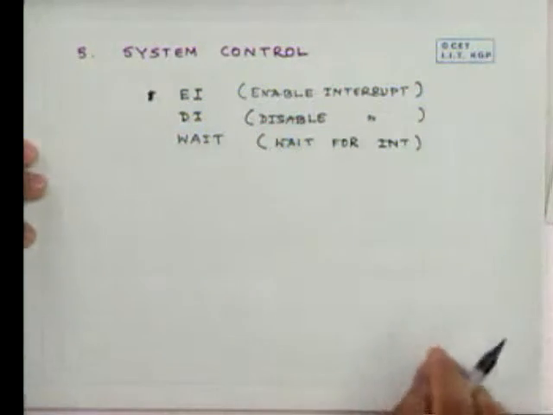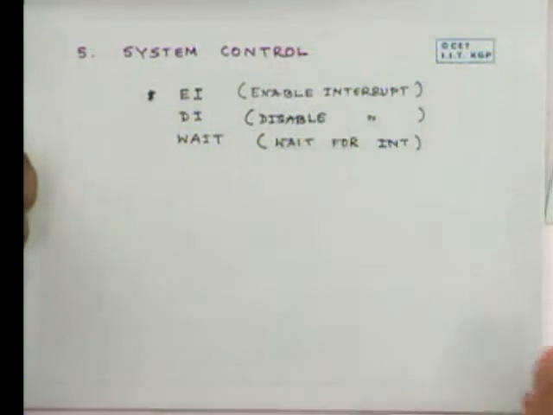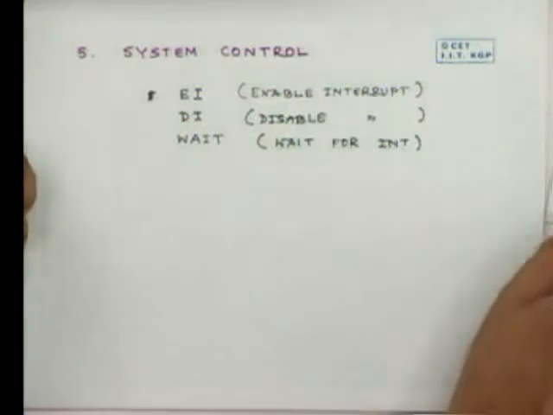Now in the first two lectures we said that when the CPU wants some I/O devices to work, the CPU need not wait for the I/O devices to complete their operation. What it can do is just set the I/O device into motion, initiating the job, and then start doing its own job.